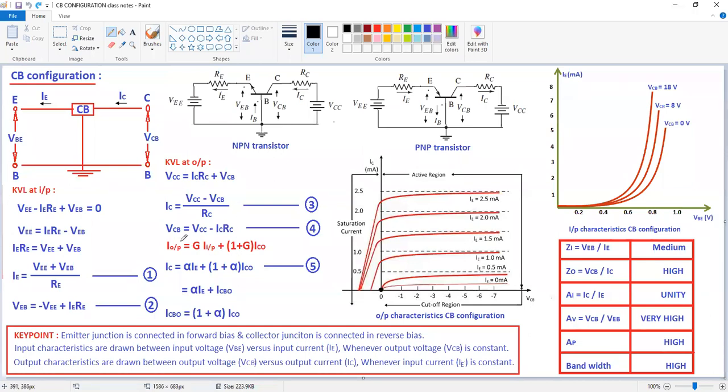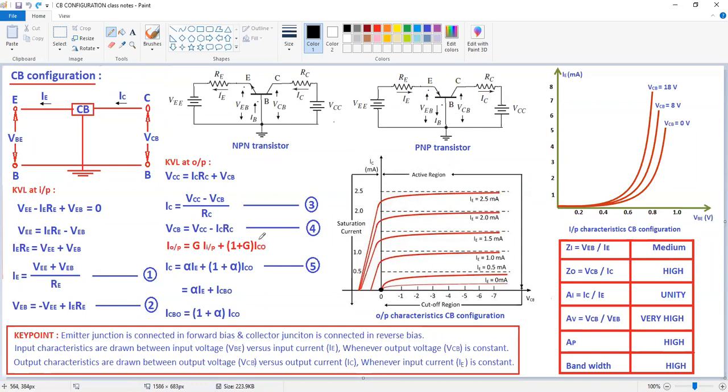If you want to consider the reverse saturation current, then you have to write the output current as equal to the gain into input current plus 1 plus gain into reverse saturation current. This is the standard equation for all the configurations.